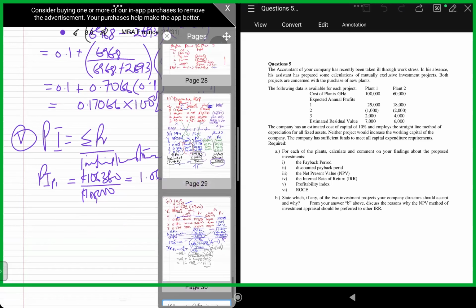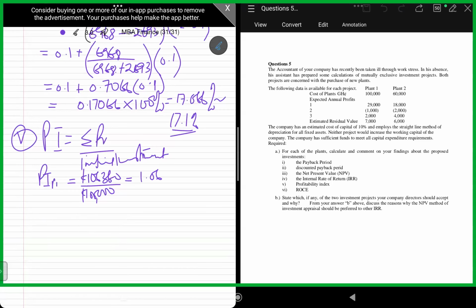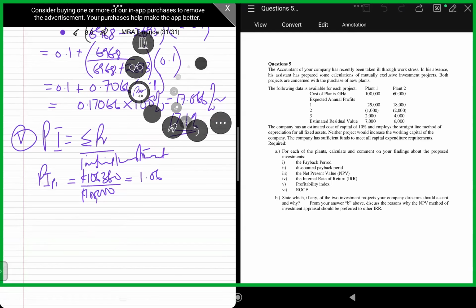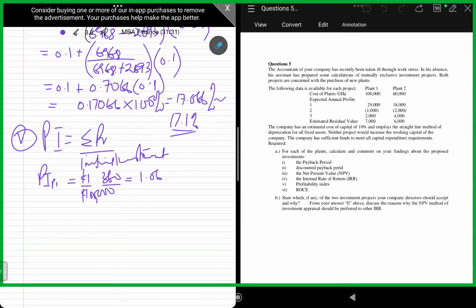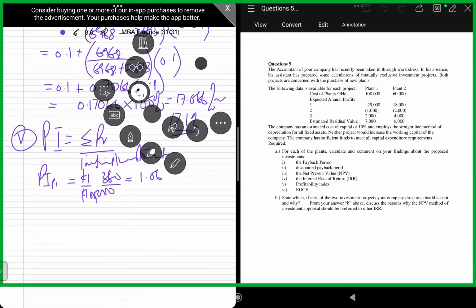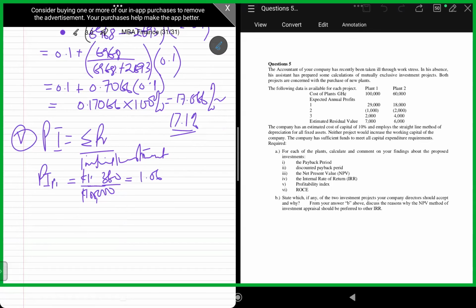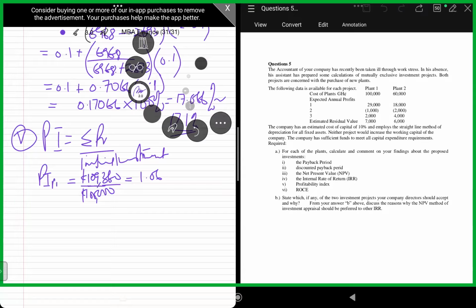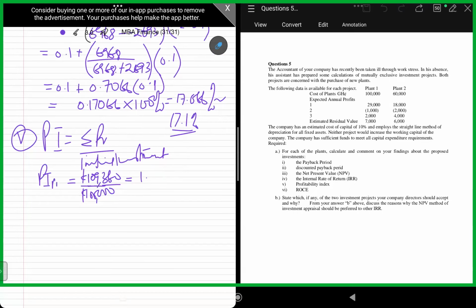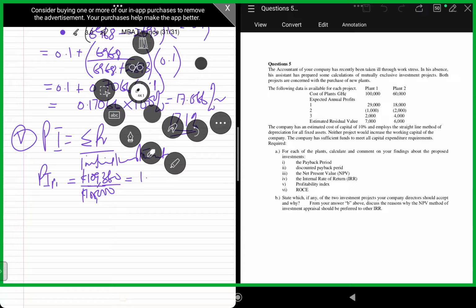It's 109,360 over 100,000. That'll give us 1.0936. Just leave it in two decimal places. 1.09.